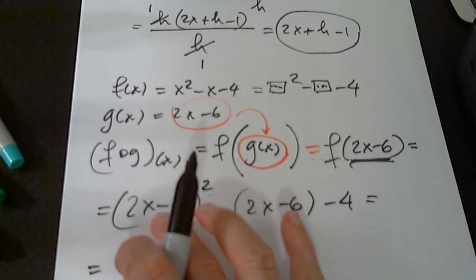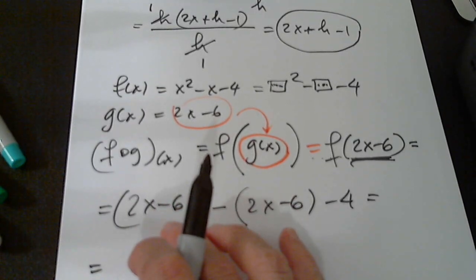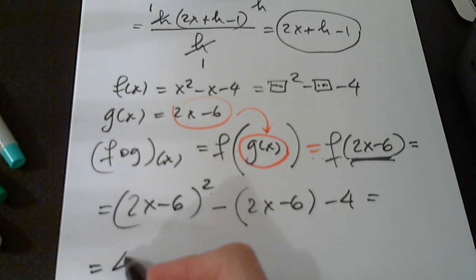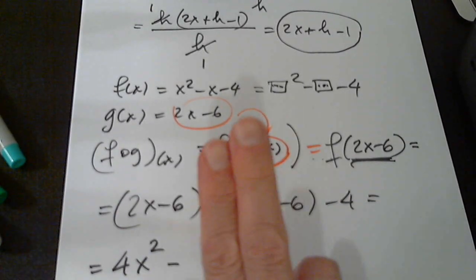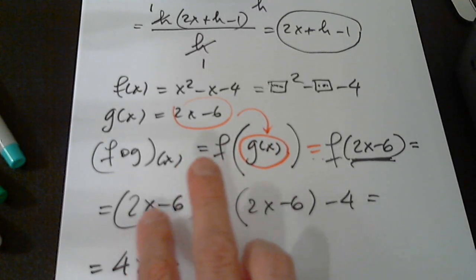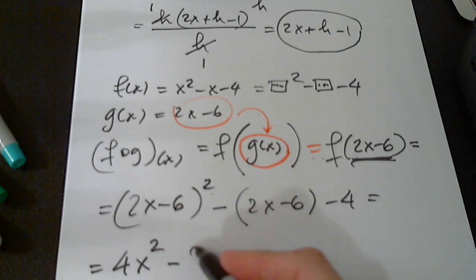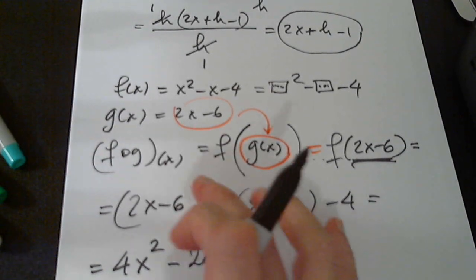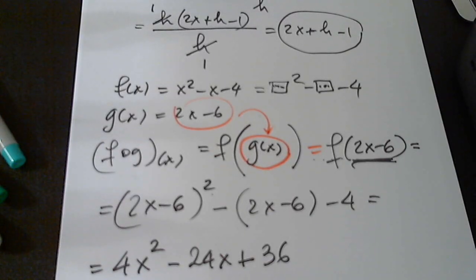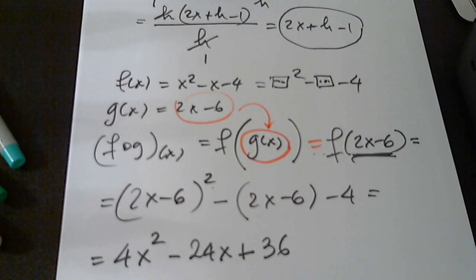Now remember, this is very easy to square. Very easy. First term squared minus 2 times 2 is 4 times 6 is 24x plus the second term squared. We've done this from the beginning of the course.